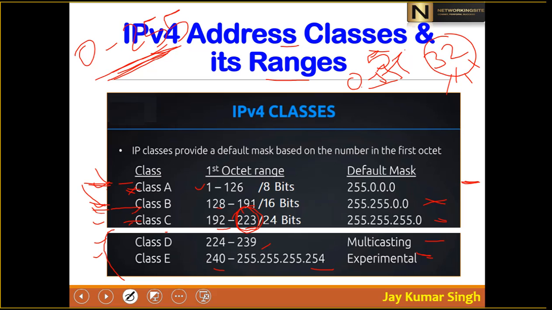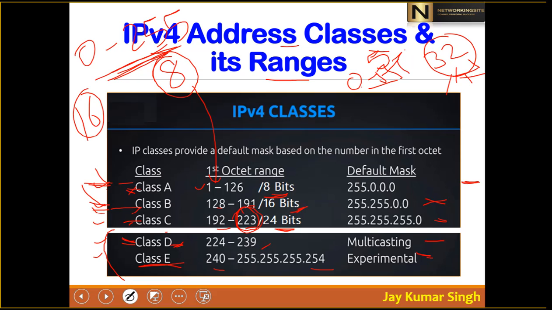When we are talking about class A, they have given 8 bits to class A. That's why I have written 8 bit here. 16 bits they have given to class B, and 24 bits to class C, and 32 bits they have given for class D. Now there is no extra bit, that's why we cannot use class E, but yes, we are using class D, though not by default. Class D is used for multicasting purposes, and some devices and protocols use this IP address.